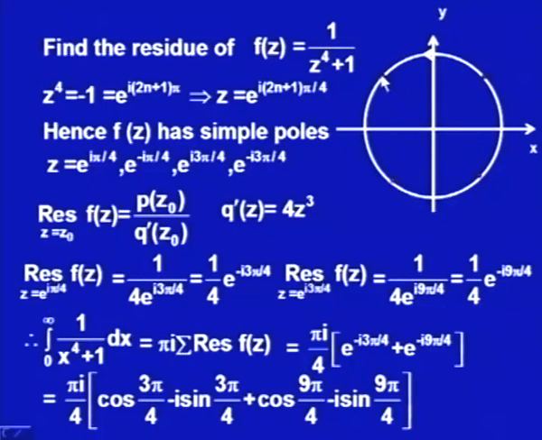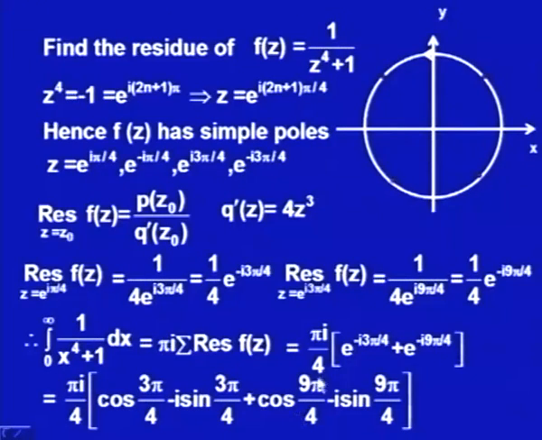This angle is 3 pi by 4, and we know cos 3 pi by 4 has value minus 1 by root 2, while sin 3 pi by 4 has value 1 upon square root 2. So here we would get minus 1 by root 2 minus i by root 2.